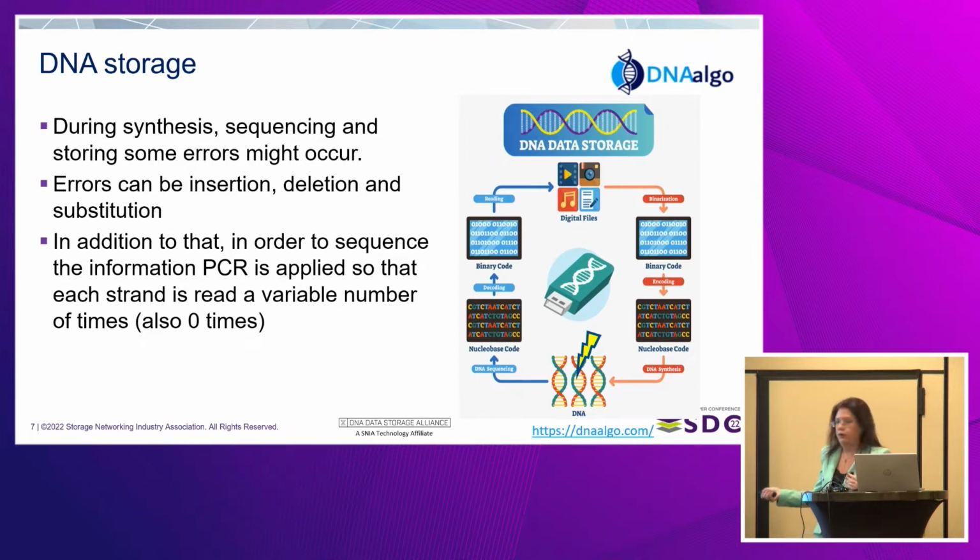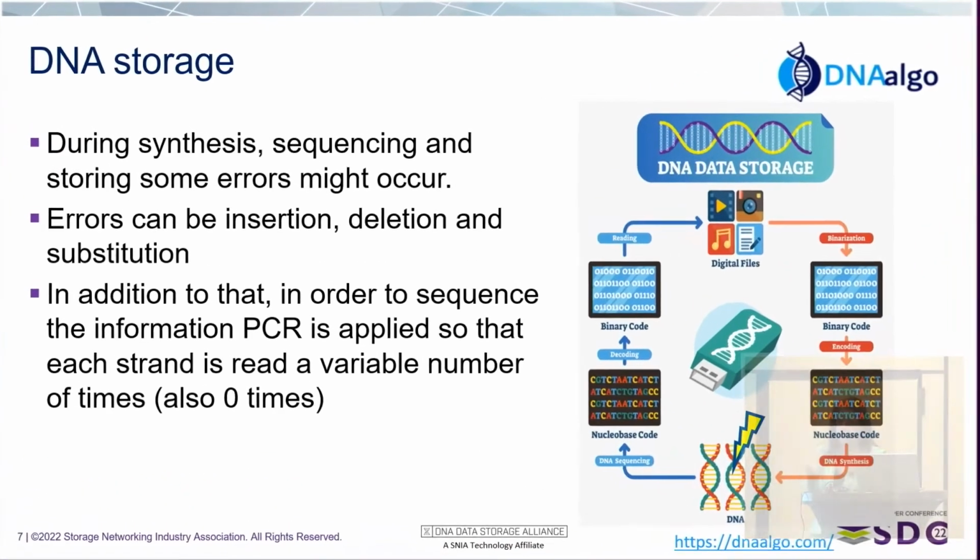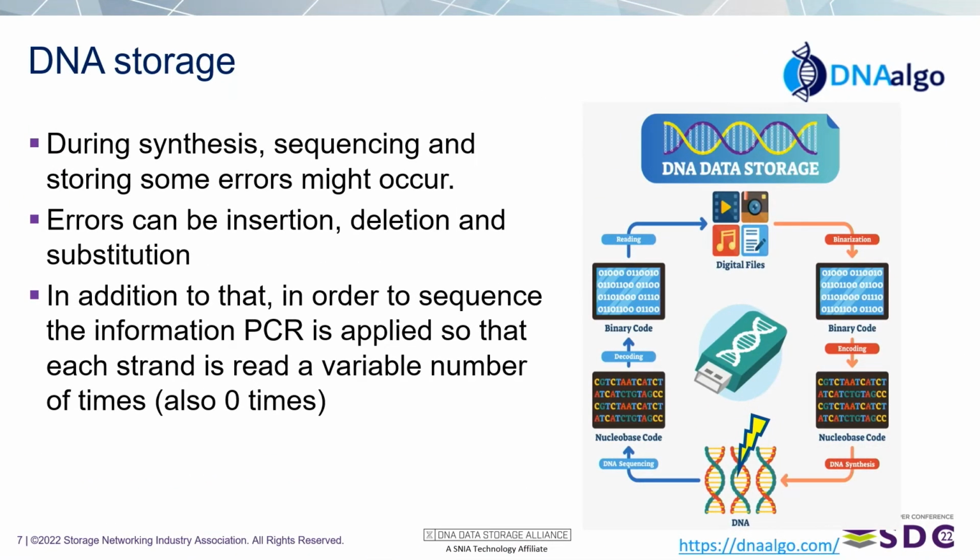And then we enter the process of synthesis, so writing synthetic DNA. DNA is stored in a capsule or a test tube, or dehydrated, whatever, and then errors occur. The errors that may occur are insertion, deletion, and substitution. I just want to underline that because it's really key in the DNA channel. Data is read back, so it is sequenced, and at that point, we have our strands of oligonucleotides.